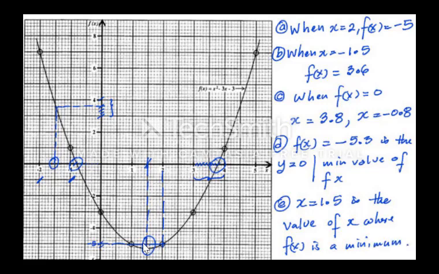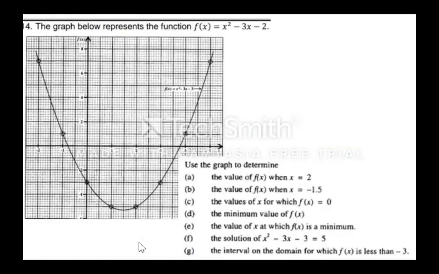All right. So what next? The solution of the equation x squared minus 3x minus 3 is equal to 5.